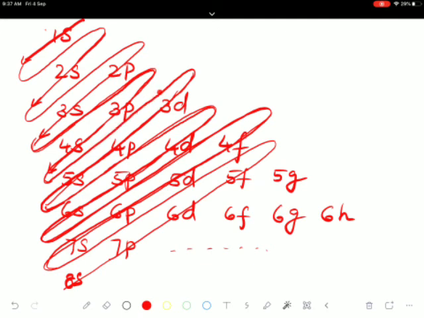After 4s only, 3d, keep this in mind. After 3d then 4p, then 5s, then 4d, then 5p, 6s. So make like this, you can come to know which will be filled first. 4f, 5d, 6p, then 7s. After 7s only it will go to 5f, 6d, 7p, 8s. Then after 8s, it should go to 5g, like that.